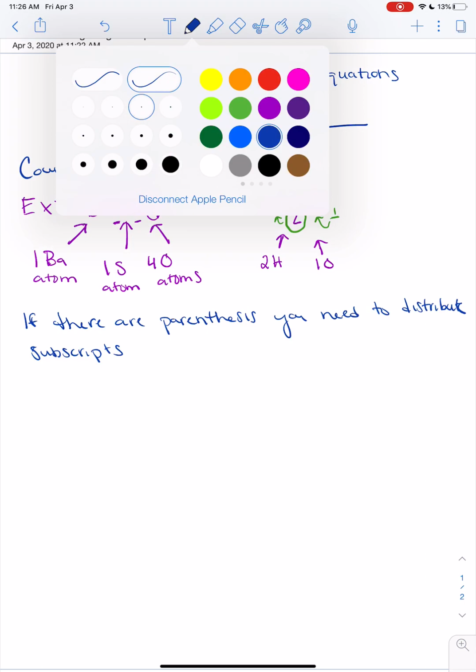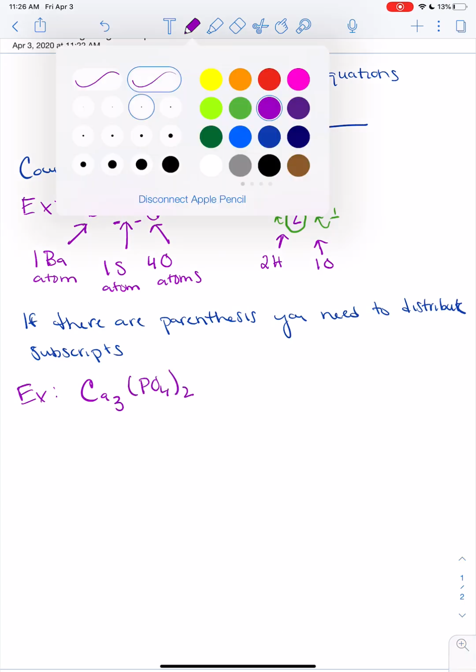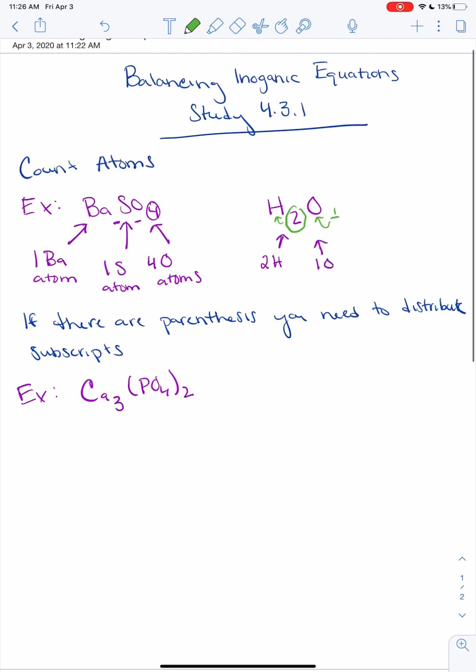Okay, so if we look at an example, let's say we have Ca3(PO4)2. Okay, so we have these parentheses here. That means this 2 has to distribute to the O and the P. Calcium is outside the parentheses, so you don't have to worry about that. So we know that we have 3 calciums.